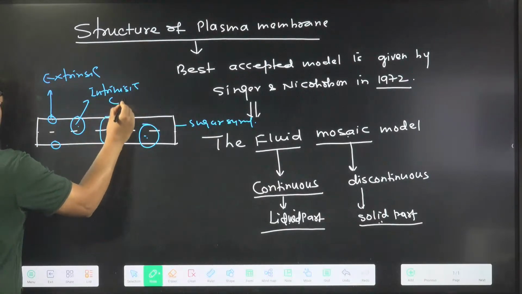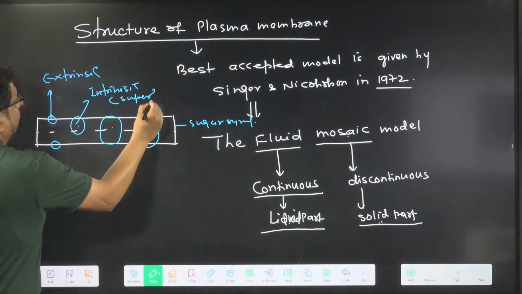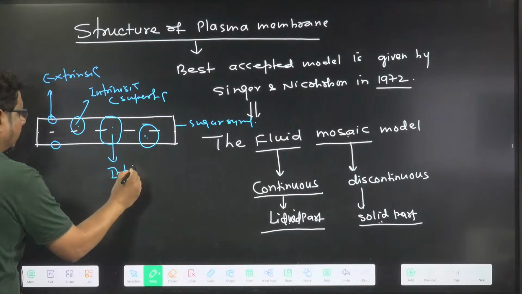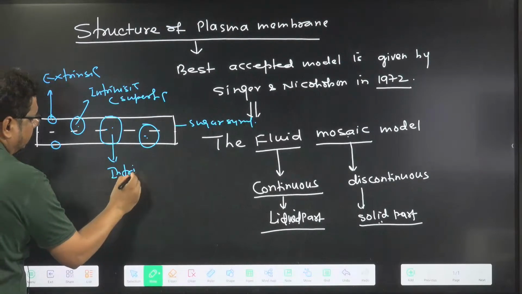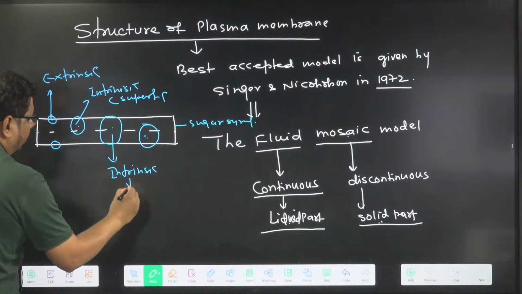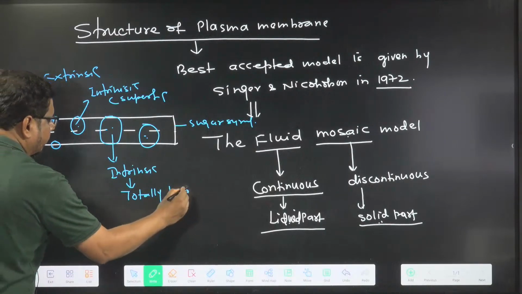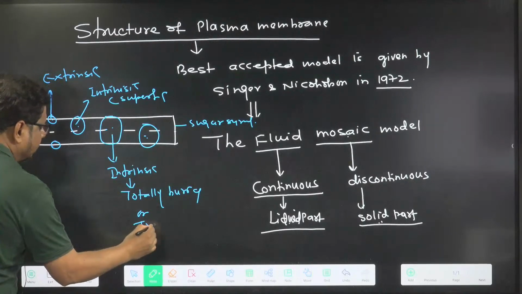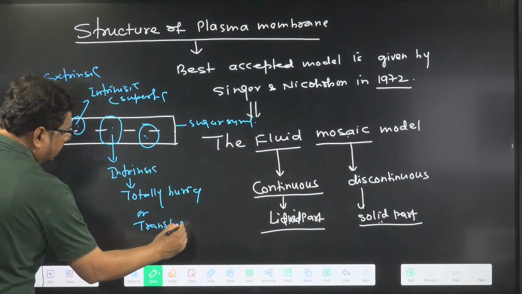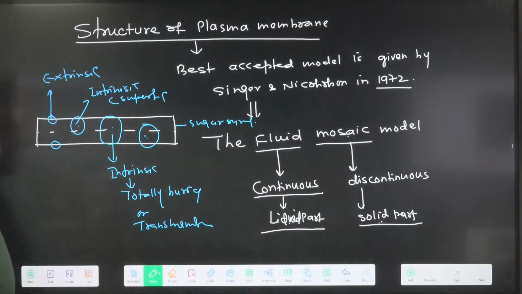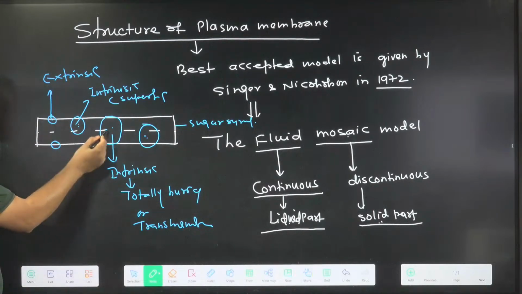This one is intrinsic, but superficially intrinsic. This one is intrinsic, but totally buried. I told you about this protein, na? Totally buried. Which protein is it? Transmembrane protein. So this continuous white line is made up of the lipid bilayer, and these are in a mosaic-like fashion.